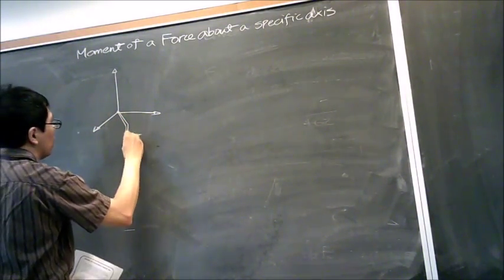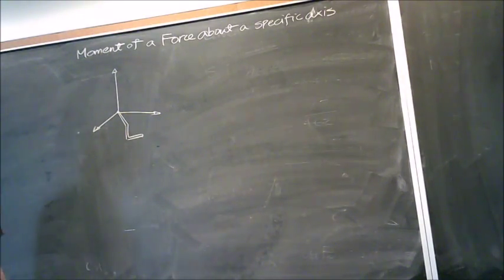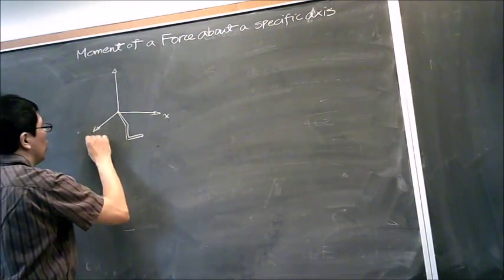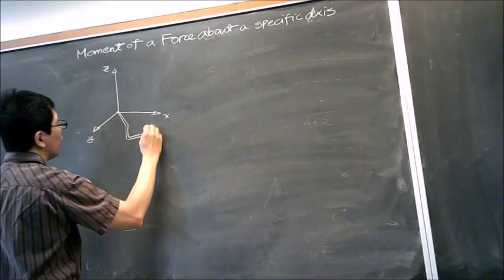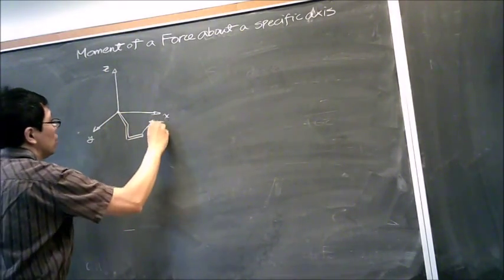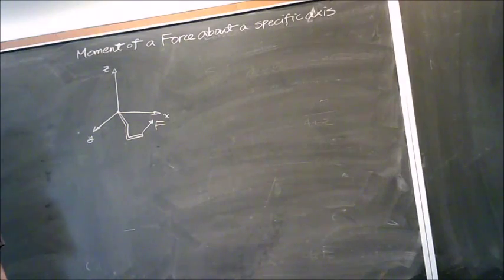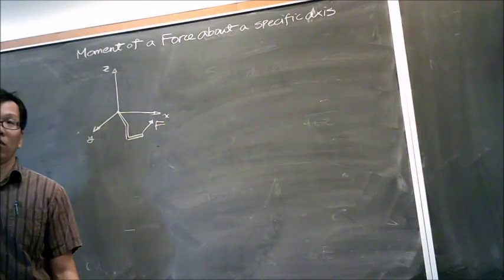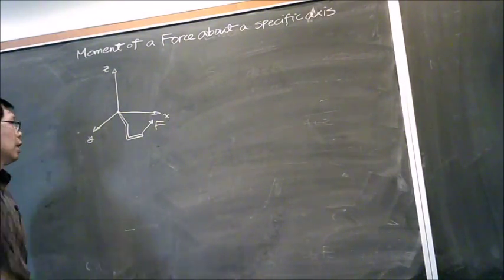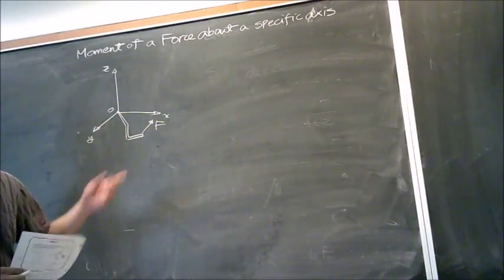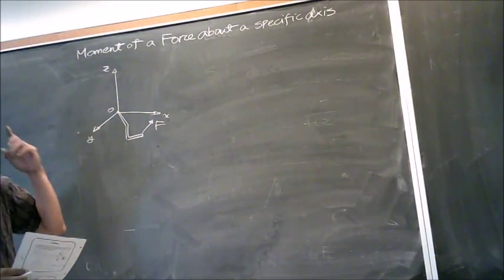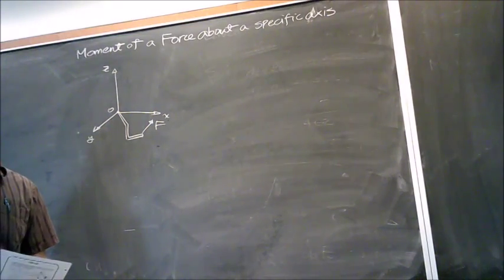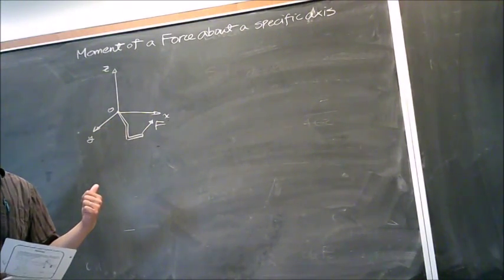You might have some kind of weird mechanical part over here, and this is x, y, z, and you apply a force over here. A lot of the time I'm going to ask you, what is the moment created at this point? Let's say O is my reference point. What are you going to give me as the answer for the moment?